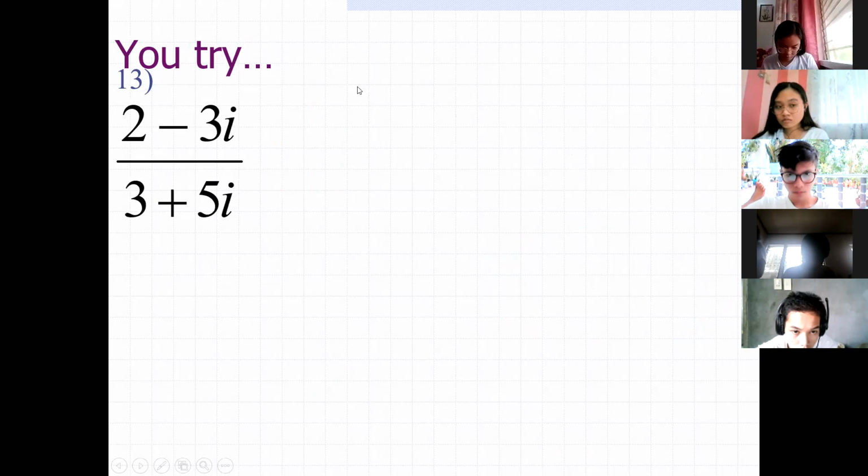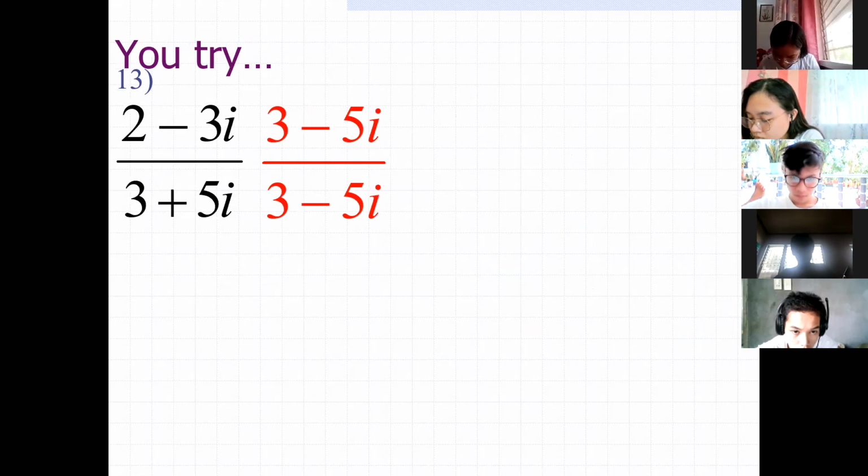Last example, to be participated in by everyone. If you do have an answer, chat it in the chat box. You have 1 minute to do this one. The denominator is 3 plus 5i. So the complex conjugate of 3 plus 5i is 3 minus 5i.